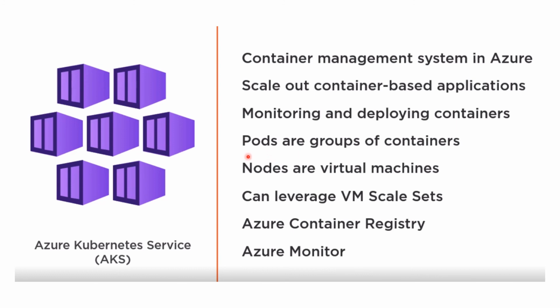Basically, pods are a group of containers, and the virtual machines are referred to as nodes. And the VM scale set option is there. You can avail that, and Azure Container Registry and monitor. You can always monitor your services using Azure Monitor.